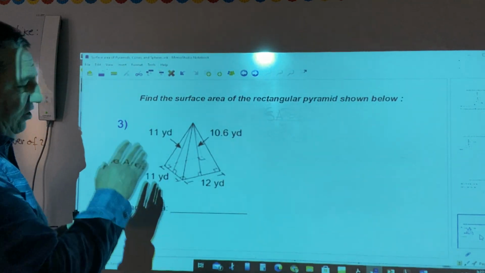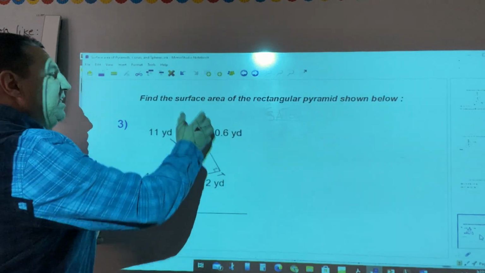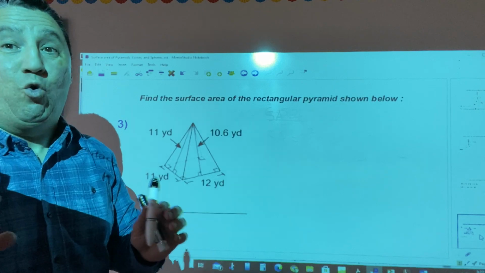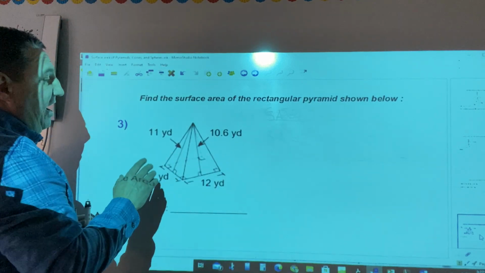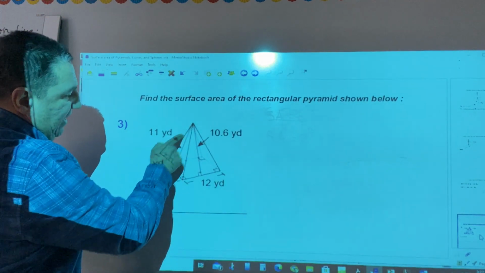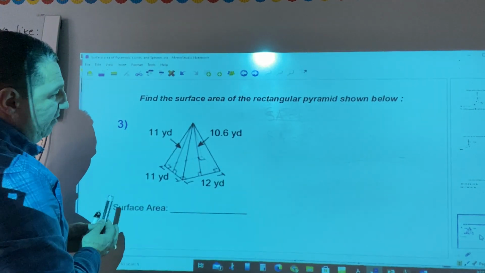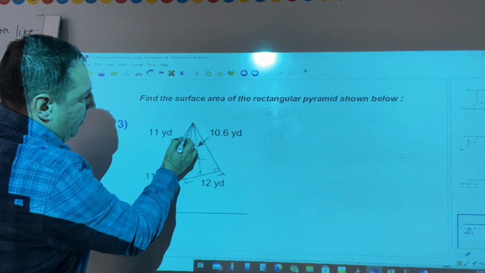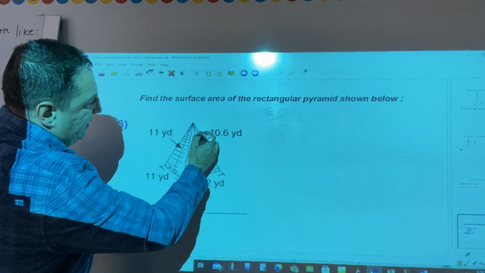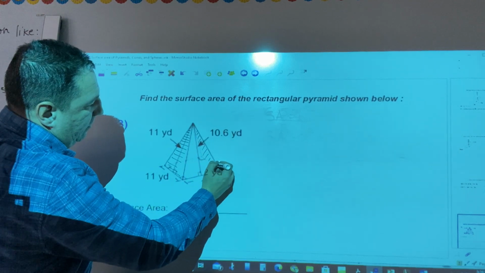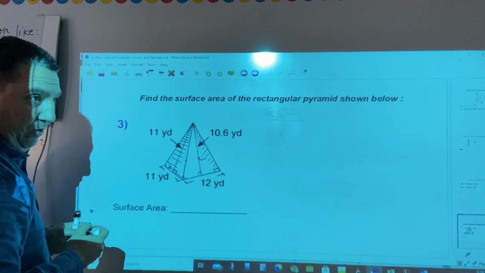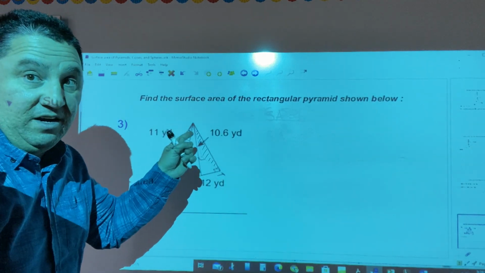Now, as we can see, this time the side faces are not congruent anymore, but they are equal in pairs. For example, this face is the same as this face, right? Why? Because they have the same base, which is the width of the base.